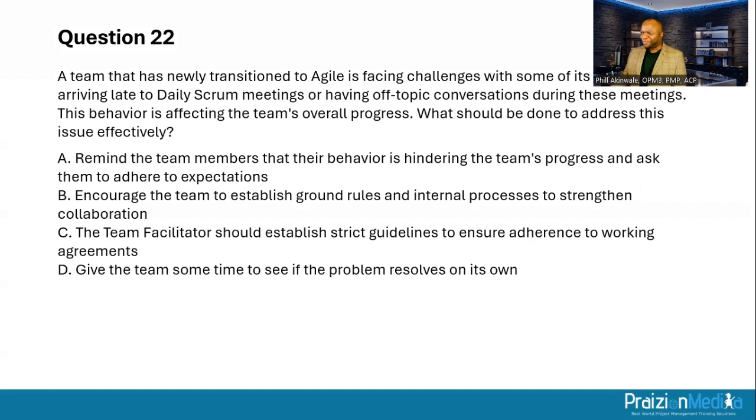It sounds somewhat foreboding, kind of like warning them. And it's actually not in the spirit of Agile. Even if you remind them, hey, your behavior is hindering stuff, does that really solve the problem? Does that really remedy the situation? No. So it's not A.